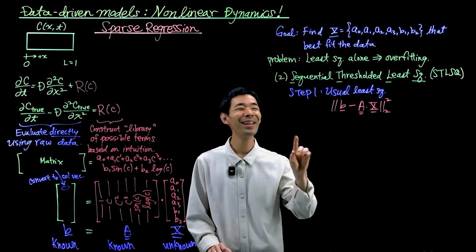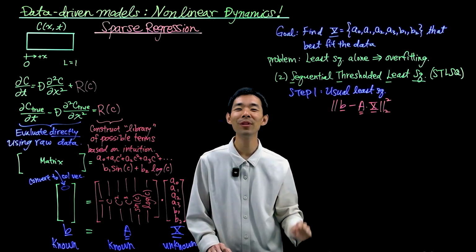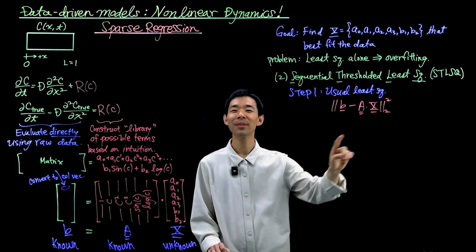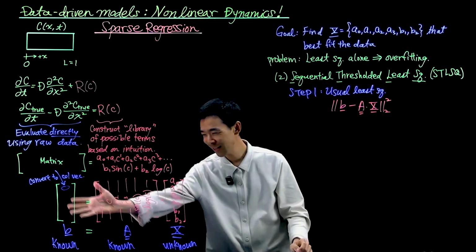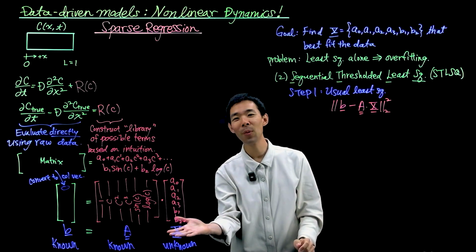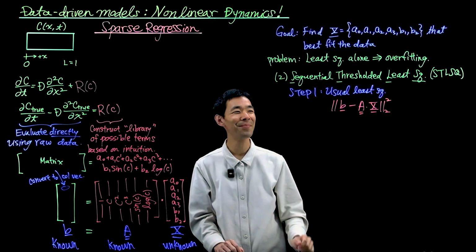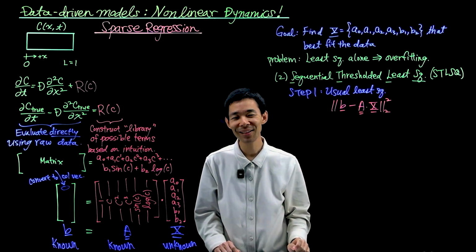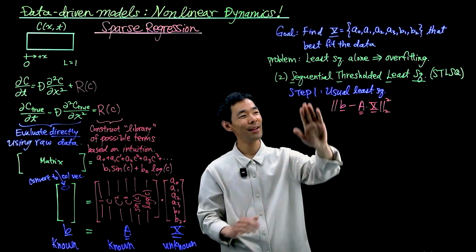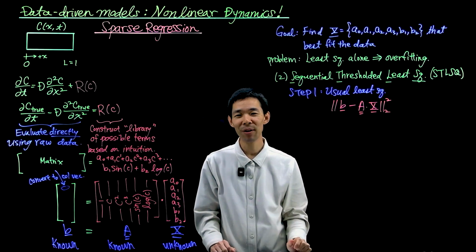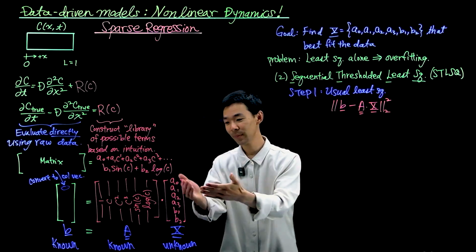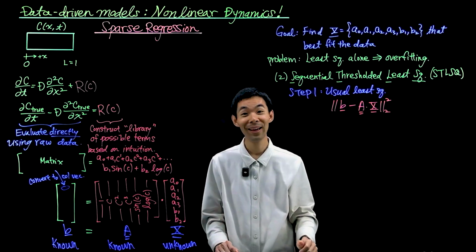Step 1 is to perform a usual least squares regression using this expression, the 2 norm. You take this entire AX equals B matrix structure, find the coefficient vector X that minimizes this error, and now you have a vector of coefficients.